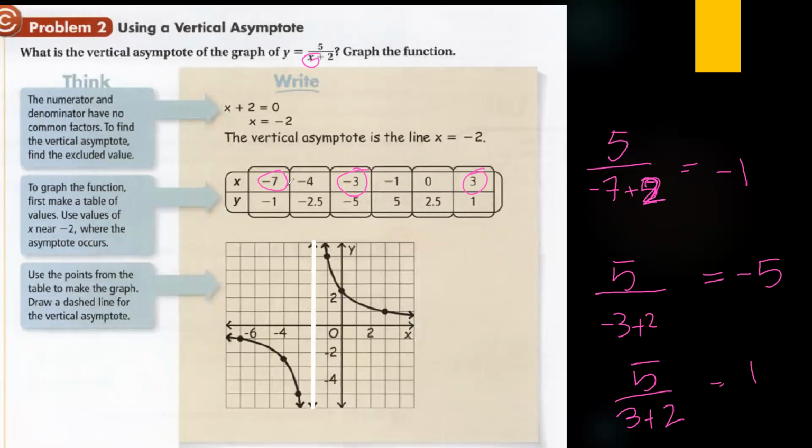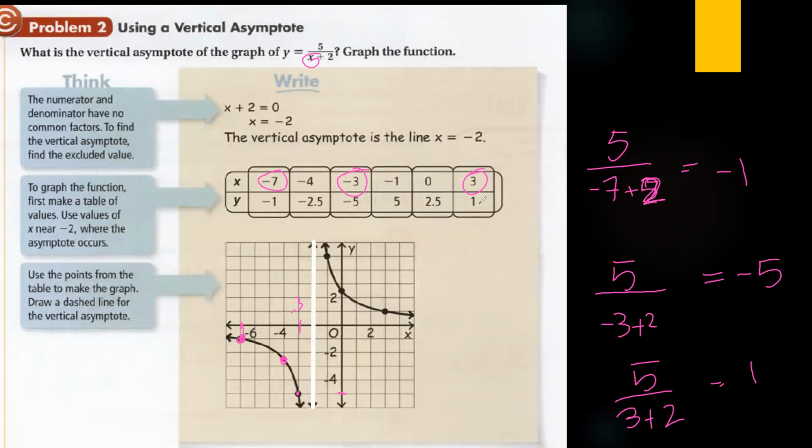So after we plot the x points and make a table, we have defined the y values. Now let's draw. At -7, we have -1. At -4, we have -2.5. At -3, we have -5. We draw the first curve.